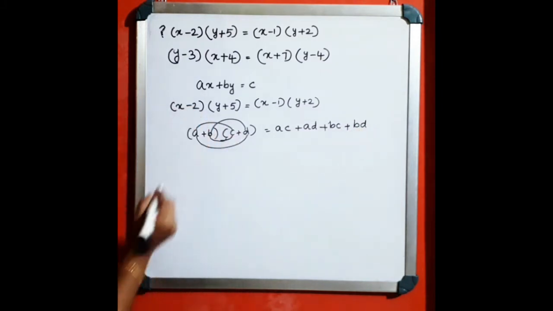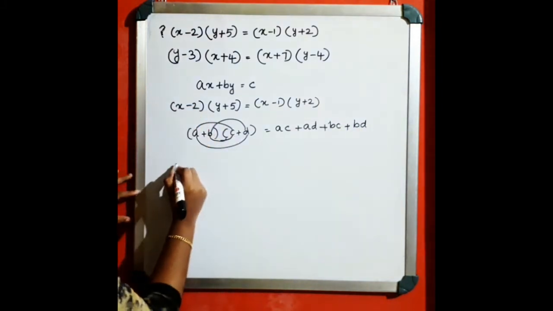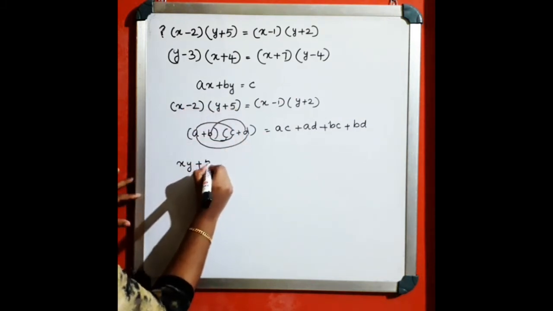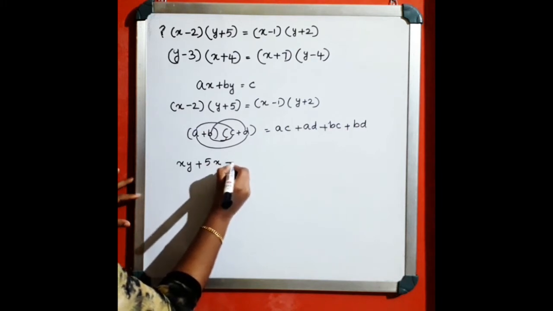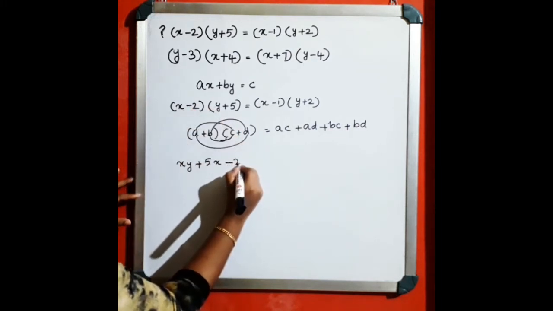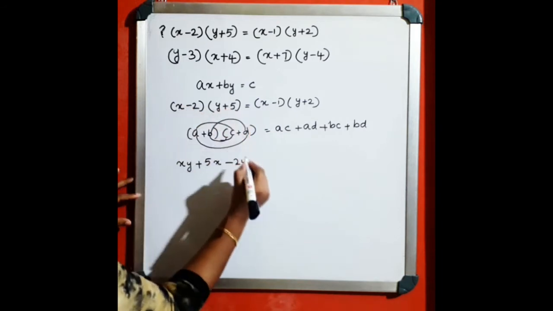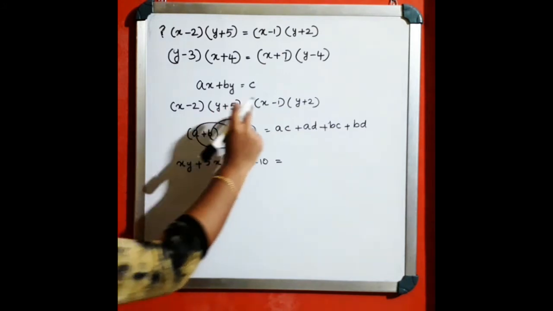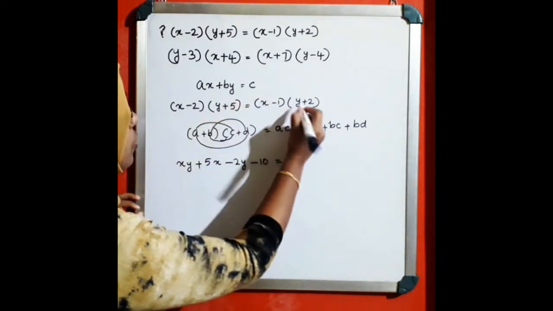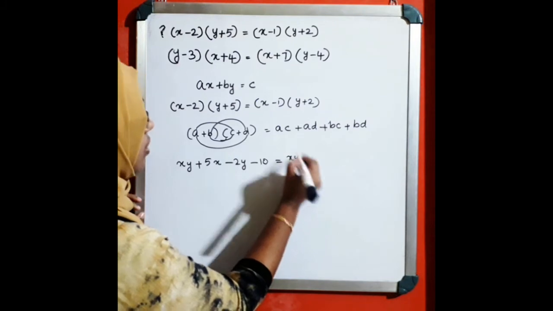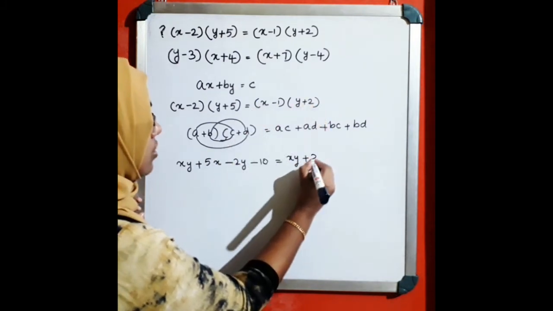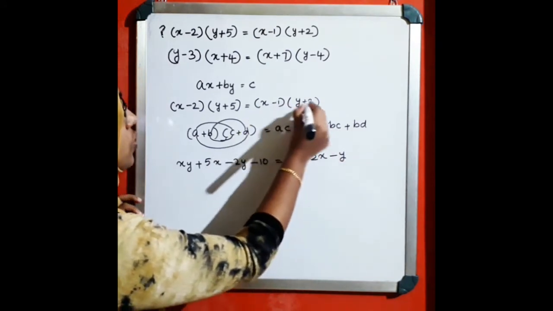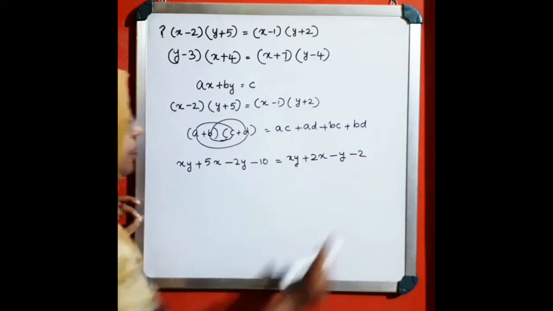So like this, the equation becomes xy, x into y plus x into 5, that is 5x, minus 2 into y is minus 2y, minus 2 into 5 is minus 10, which is equal to, consider the next part, x into y is xy, x into 2 is 2x, minus 1 into y is minus y, and minus 1 into 2 is minus 2.